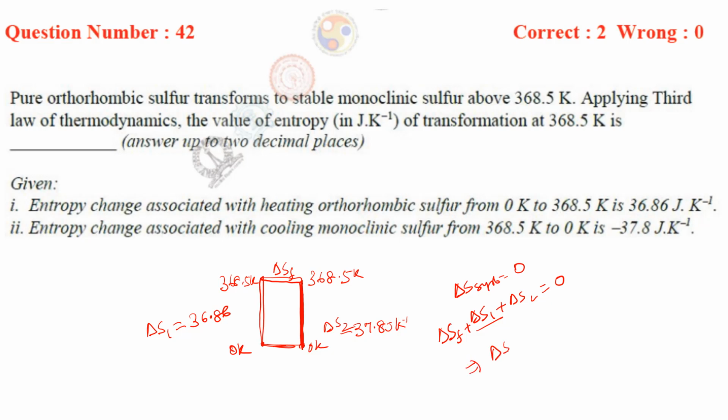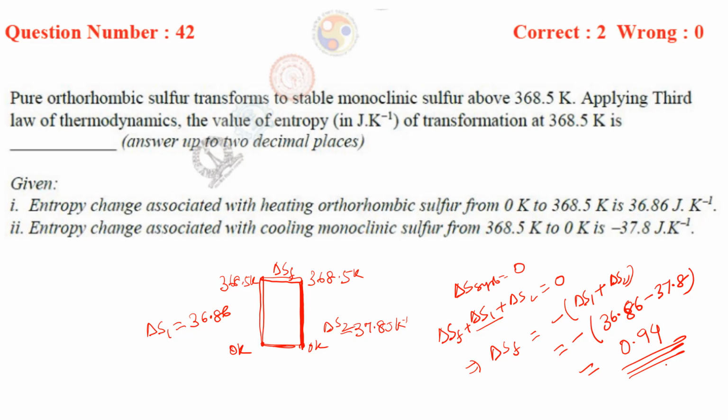So delta S transformation equals minus of delta S1 plus delta S2. Minus delta S1 is 36.86 minus 37.8. If you do the calculation, that will be 0.94, and this will be the answer. So here the complete entropy change for a system should be 0. Okay, so we will apply this concept.